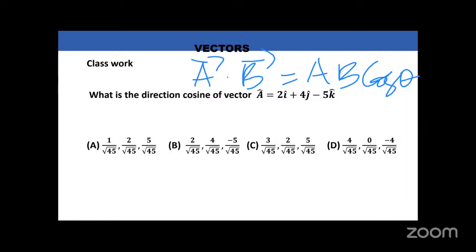We can also use A cross B to find the angle between them. That is, use cross product or dot product to find the angle between them.